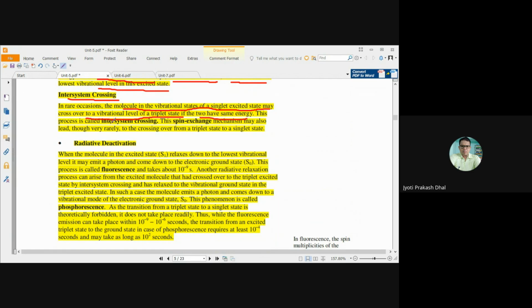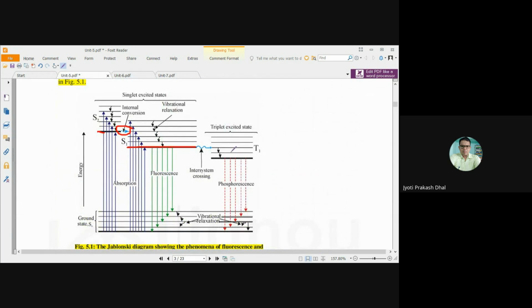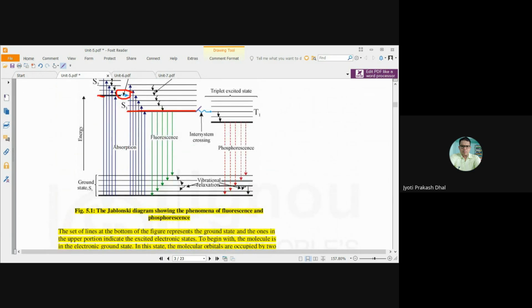This process is called inter-system crossing, or ISC. This spin exchange mechanism may also lead, though very rarely, to crossing over from a triplet state to a singlet state. You can see the ISC process here.